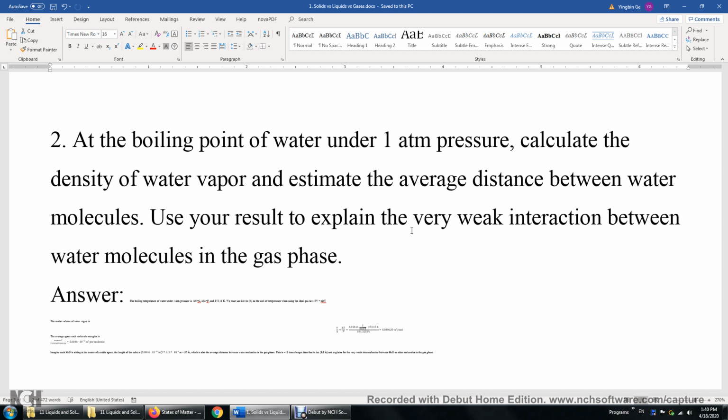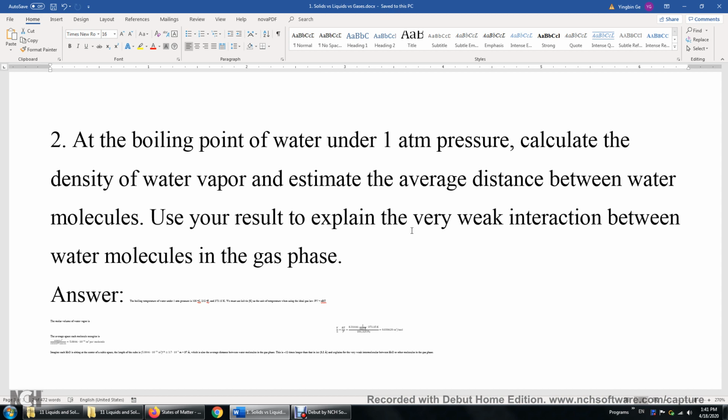What's the pressure? Well, 101,325 pascals. Remember, if you keep using SI units in all steps, the result will also be in the SI unit.